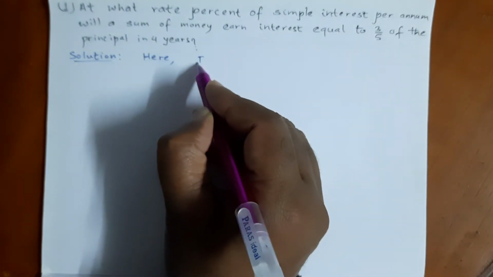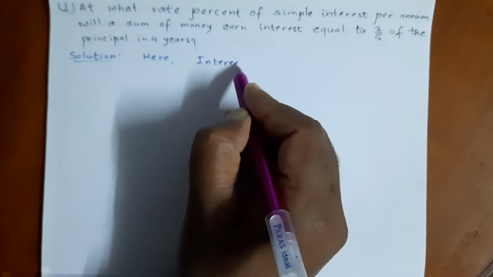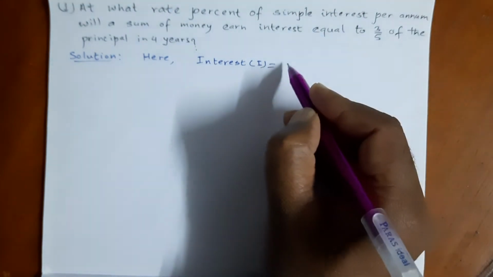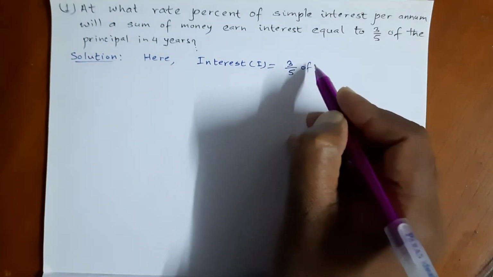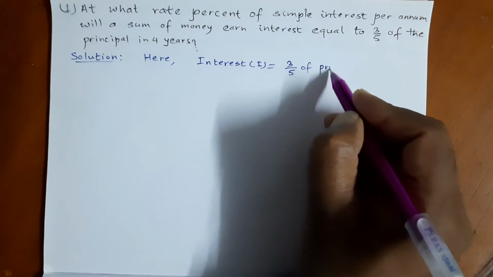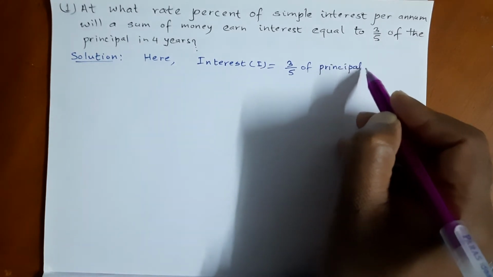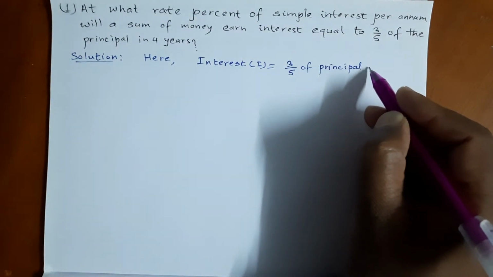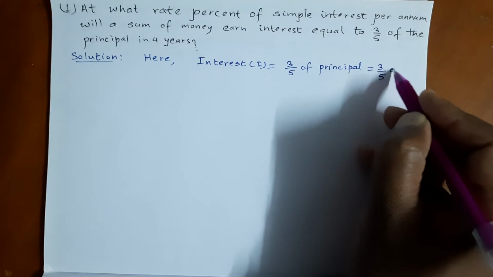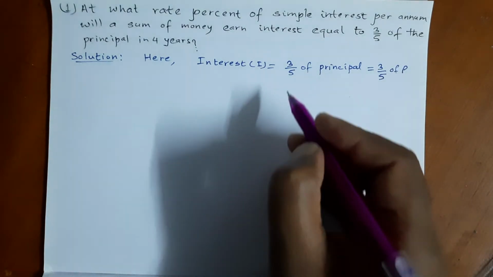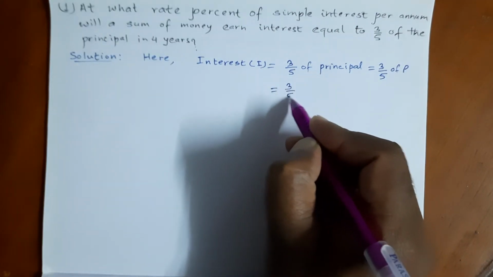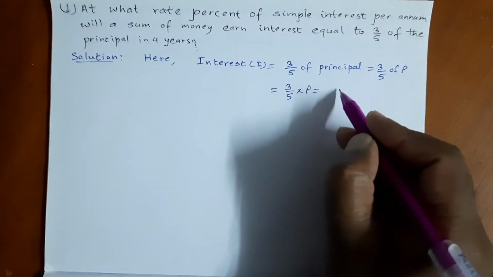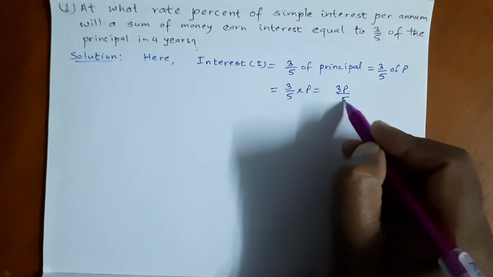Here interest I equals 3 over 5 of the principal. The principal is denoted by p, so 3 over 5 of p we can write as 3 over 5 times p, that is 3p over 5.